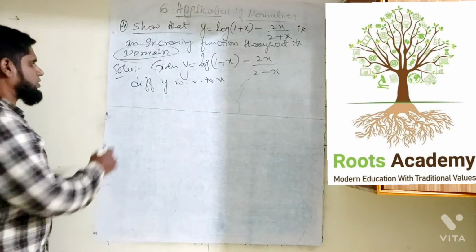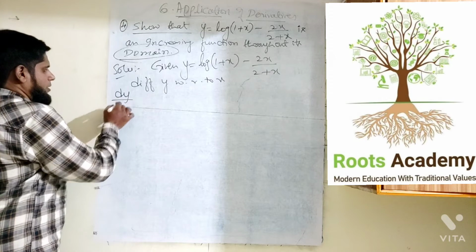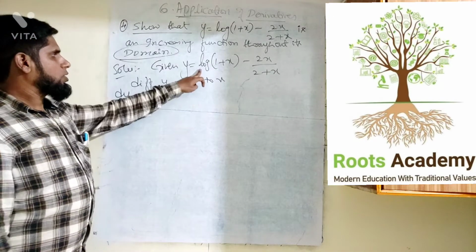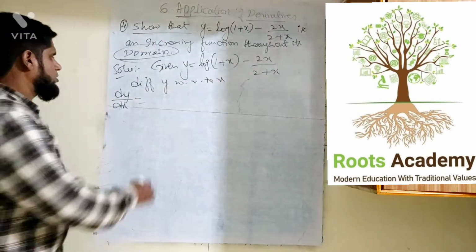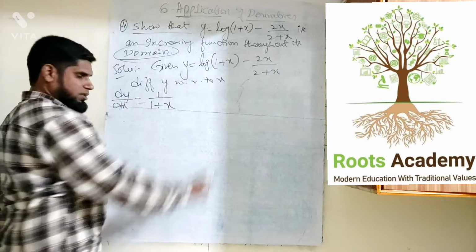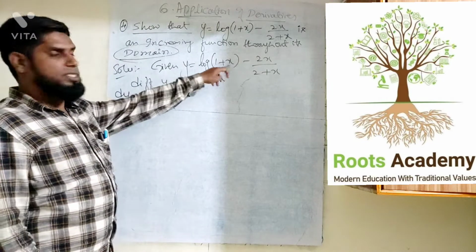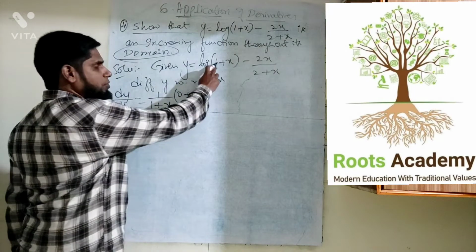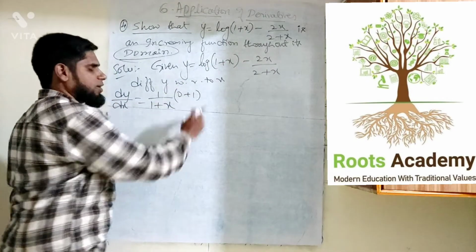Derivative of y with respect to x is dy by dx. This is equals to derivative of log is 1 divided by 1 plus x. If I am differentiating again using chain rule, then I will get 0 plus 1 here. Derivative of 1 is 0. Derivative of x is 1.